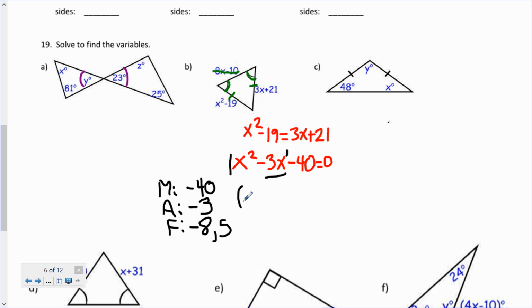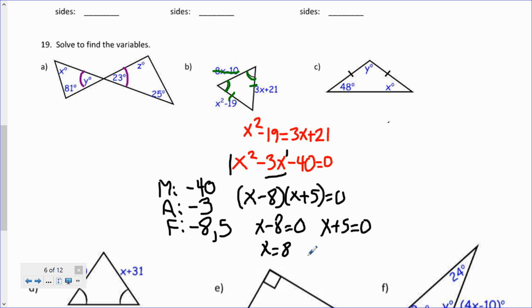So then we rewrite this as x minus 8 and x plus 5. And then you solve for x by setting each of the factors equal to 0. Many of you will be able to do this mentally just by looking at the problem. We get x equals 8 and x equals negative 5.